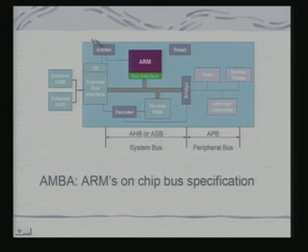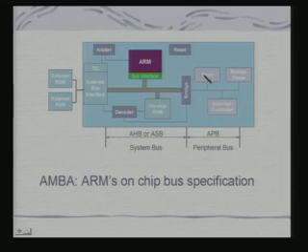Since it is a multi-master bus, actually there would be an arbiter. We had discussed what is the role of arbiter. Arbiter arbitrates between the requests coming from multiple masters sitting on the bus. And just like PCI bus, here also I have got a bridge. The function of the bridge is the same. It is connecting the high speed system bus with the low speed peripheral bus.